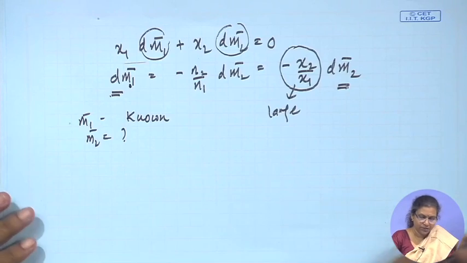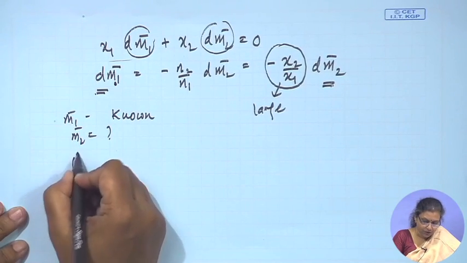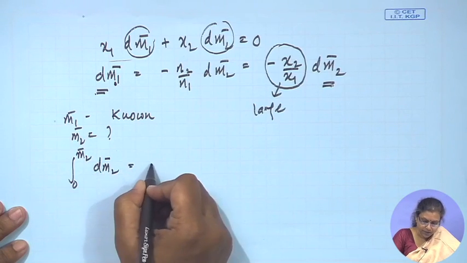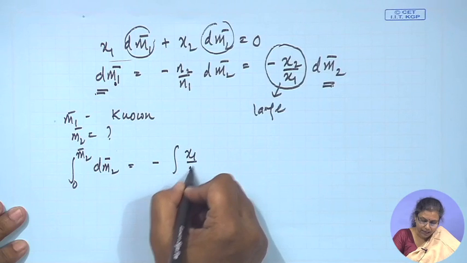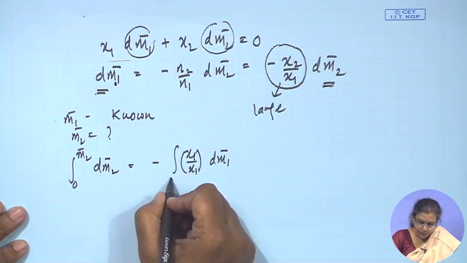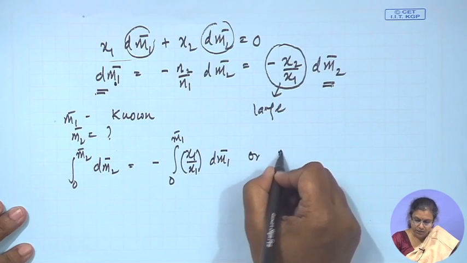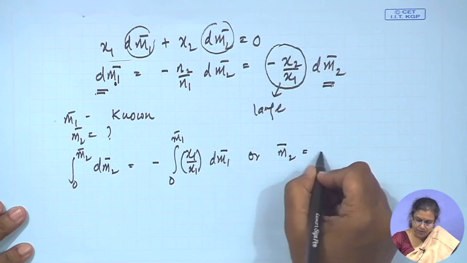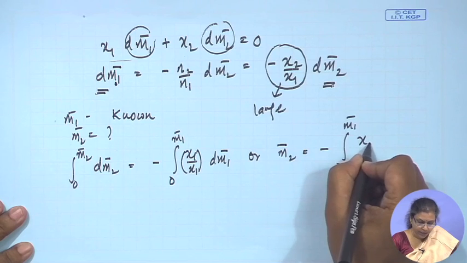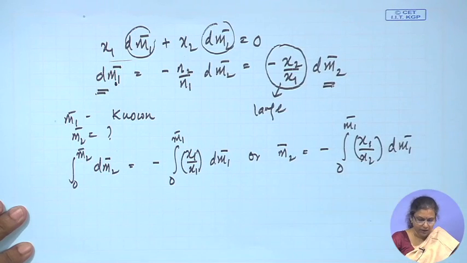I do not have a very straightforward experimental way to find this out. So, can I not write dm2 bar equals minus integral x1 by x2 dm1 bar? From this integration, what do I get? m2 bar equals minus integral from 0 to m1 bar of x1 by x2 dm1 bar.